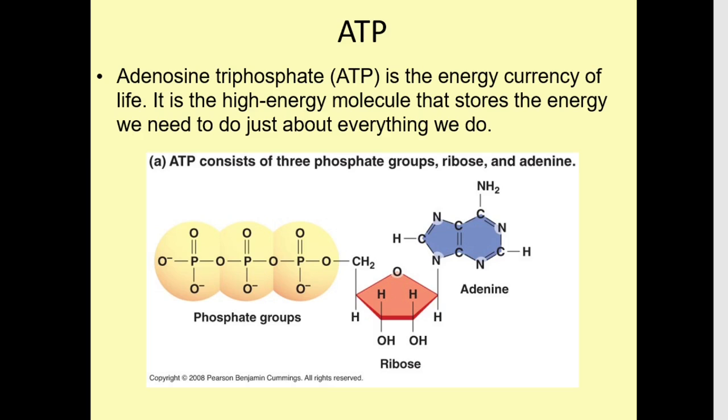I mentioned that oxygen is a highly electronegative atom. That means that when it makes covalent bonds with other atoms, those shared electrons sit much closer to the nucleus of the oxygen, which means that the oxygen side of the new molecule tends to carry a slight negative charge because it's carrying those extra electrons.